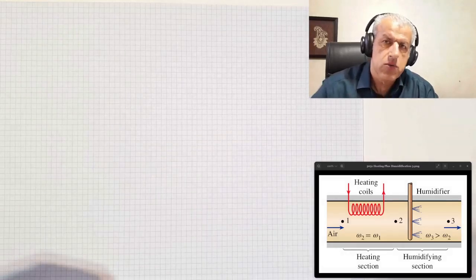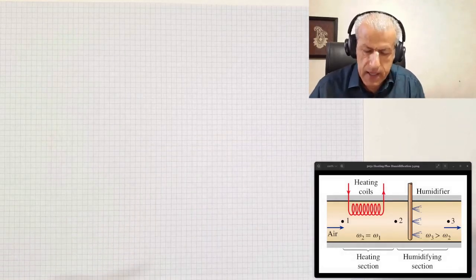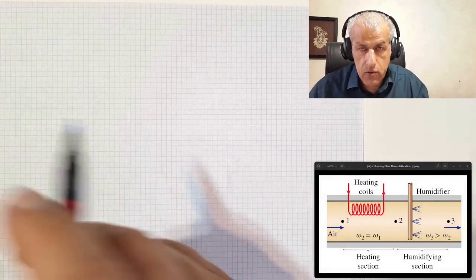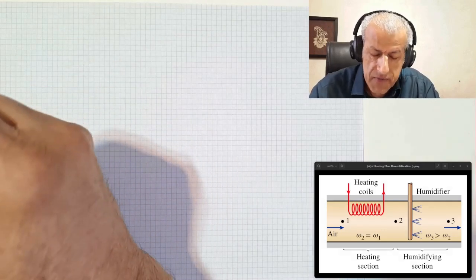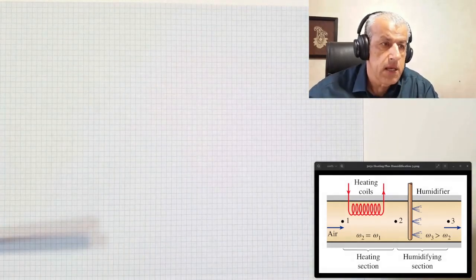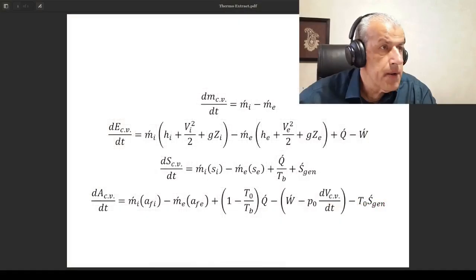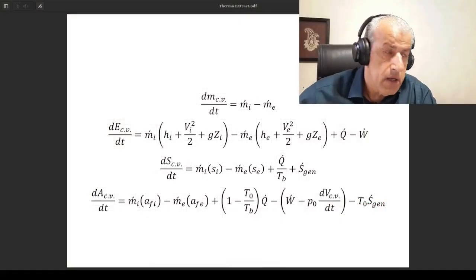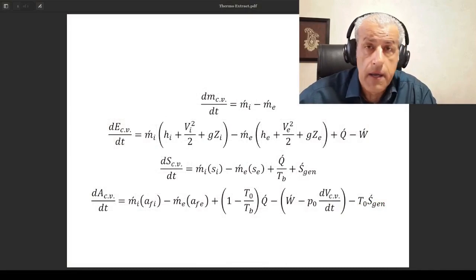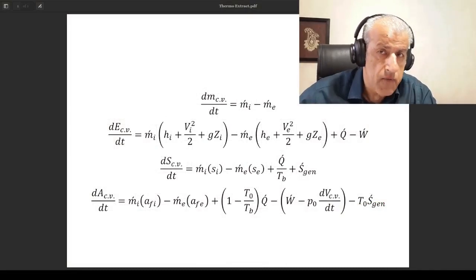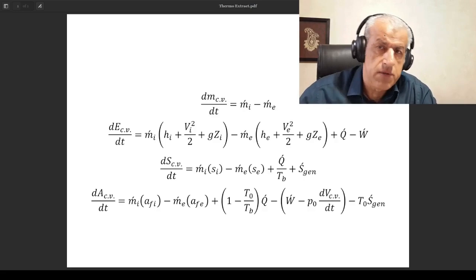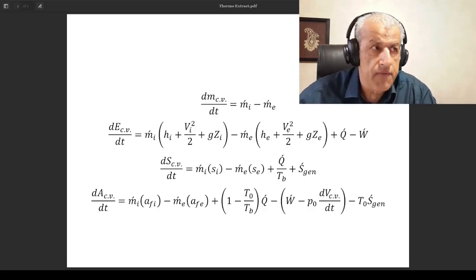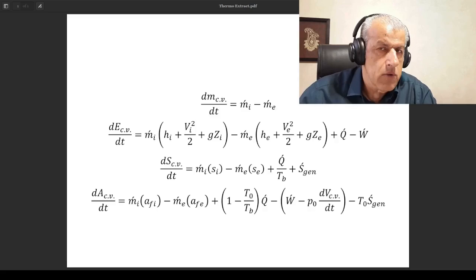Now, what I wish to do is to write down the laws of thermodynamics and see how they would talk to us. Of course, the laws of thermodynamics could be written in two ways. First, they could be written for air, and then they could be written for water. But for air, nothing happens with mass flow rate, since mass flow rate of air would remain the same from incoming air to outgoing air.